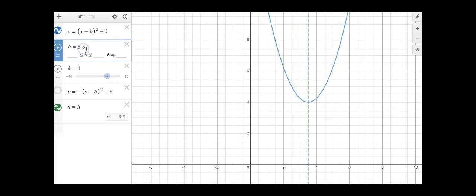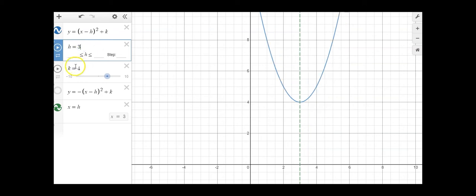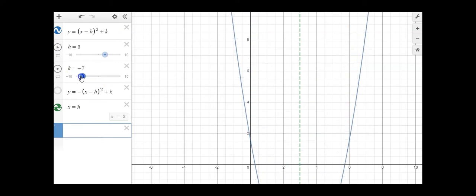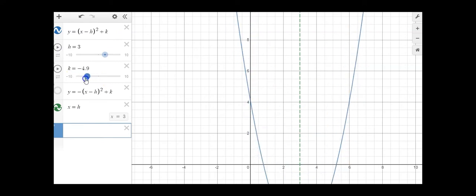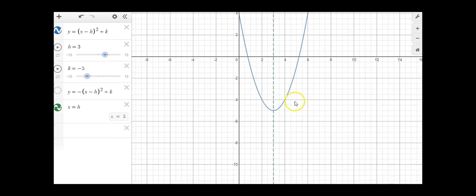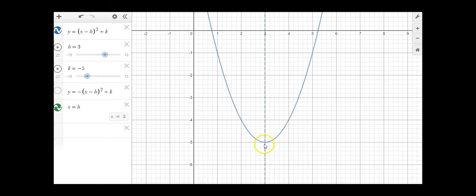Okay, so it can be a bit cumbersome to shift around, so you could just enter the value h equals 3 and k equals -5. So there we have it, and we need to shift this graph a little bit, and we still observe the same thing.